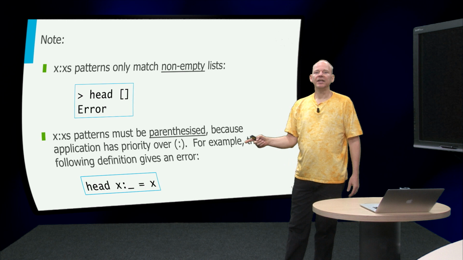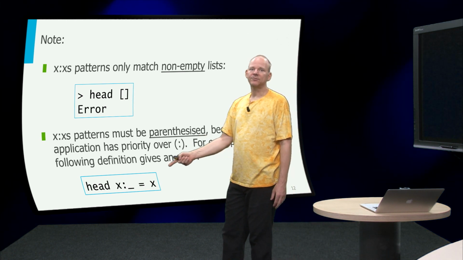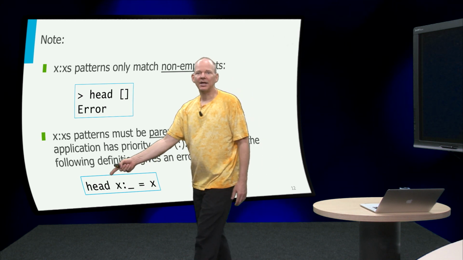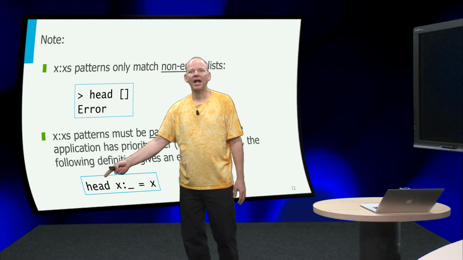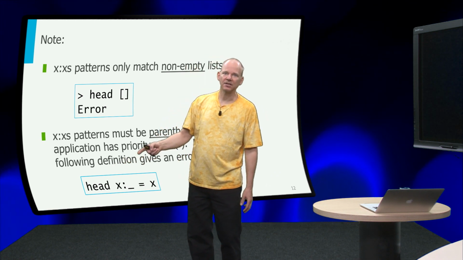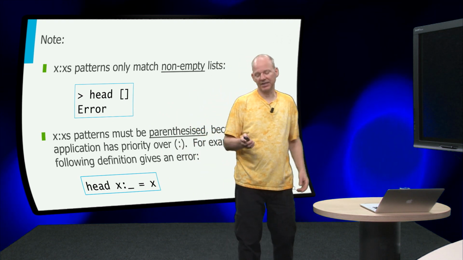The other thing is that you have to parenthesize these list patterns because remember, application binds strongest, so this would mean head of x, cons, anything. So you have to put parens in these patterns to make it work.